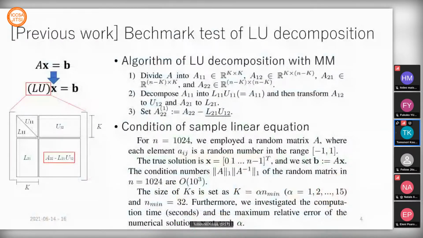Now this is a previous result of our study. We have already confirmed the result obtained by applying Strassen matrix multiplication to LU decomposition.